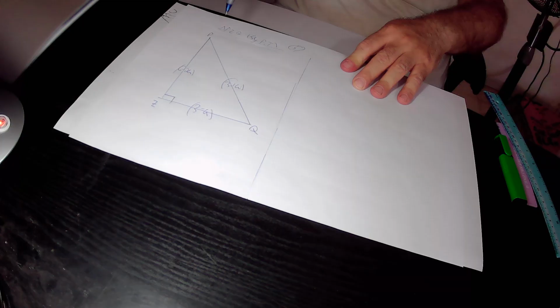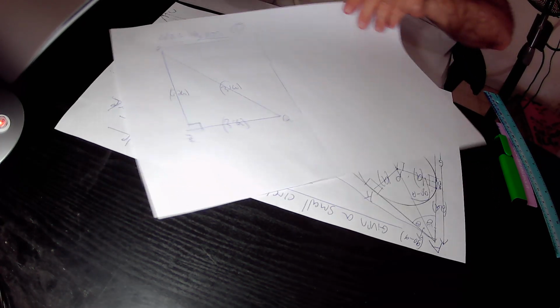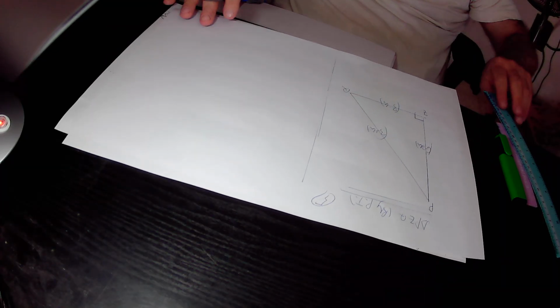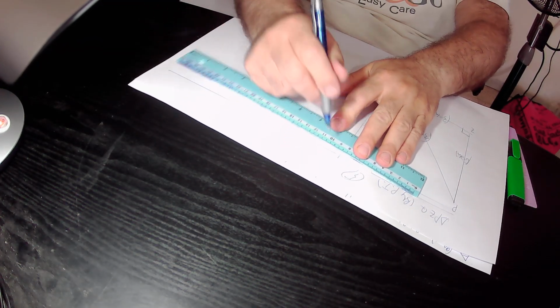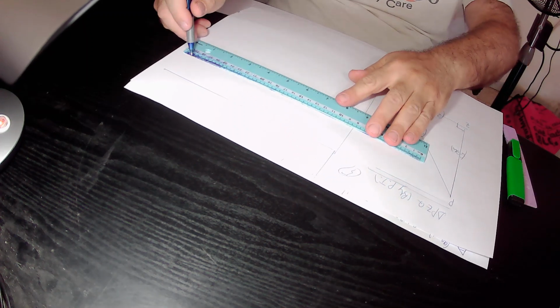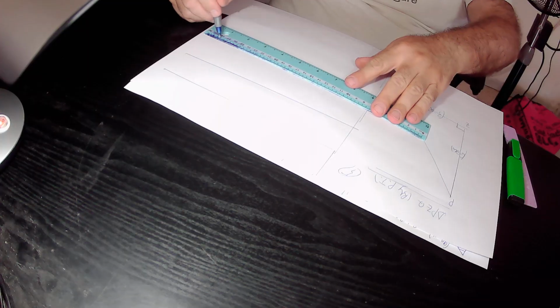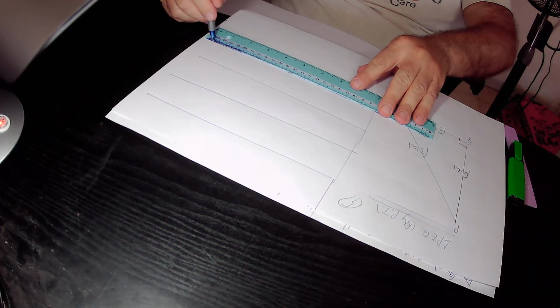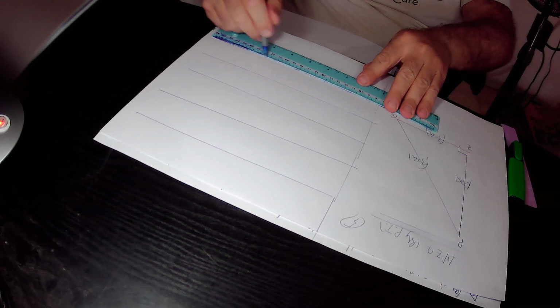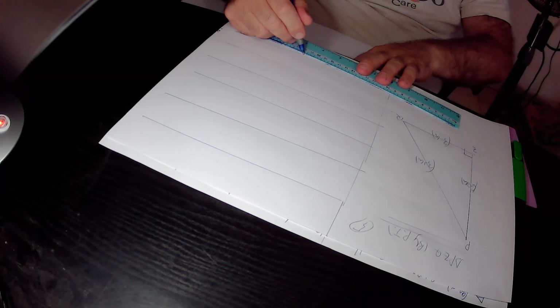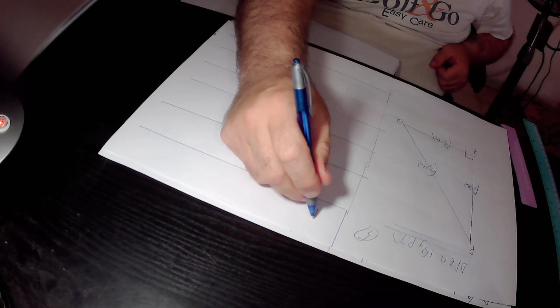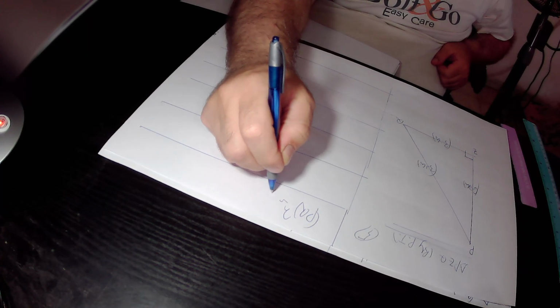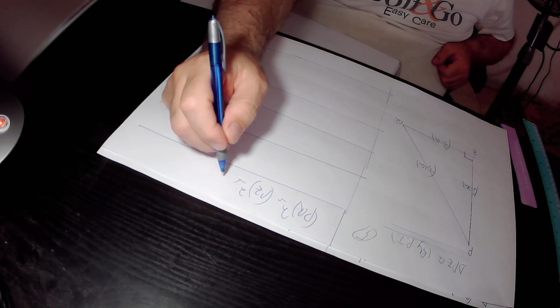Again, PQ squared equals PZ squared plus ZQ squared. So I write it down.